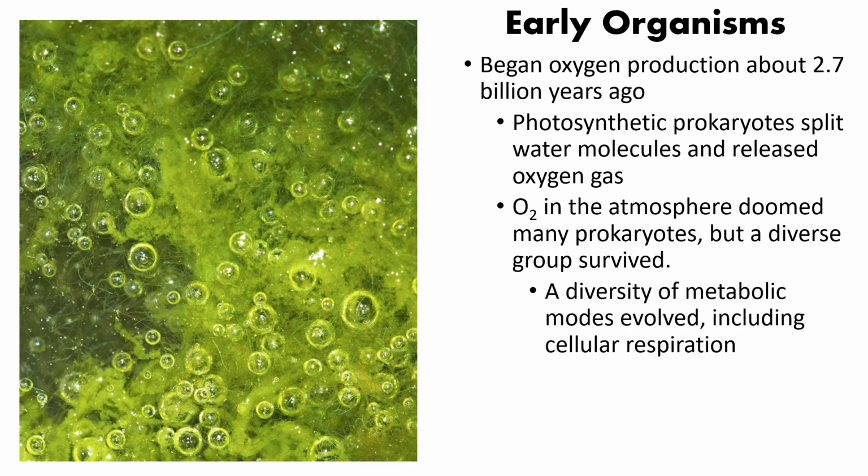Now, once the prokaryotes started to do photosynthesis, they also are going to have different types of metabolic modes. And so there are going to then be groups that start doing cellular respiration that can use oxygen as part of the process. We think that the earliest organisms lived alone for about 1.7 billion years.